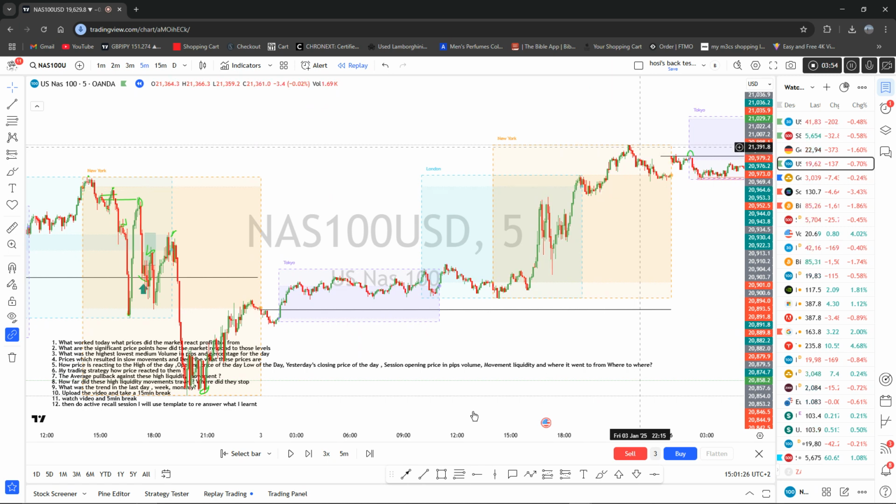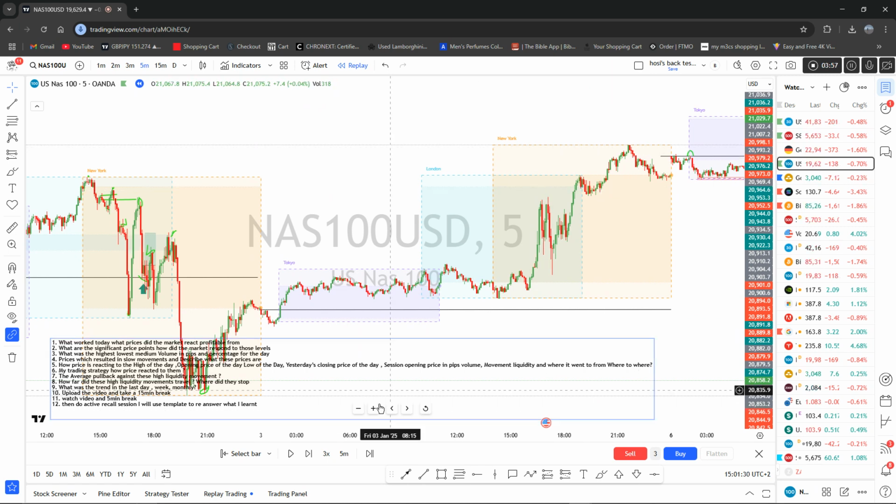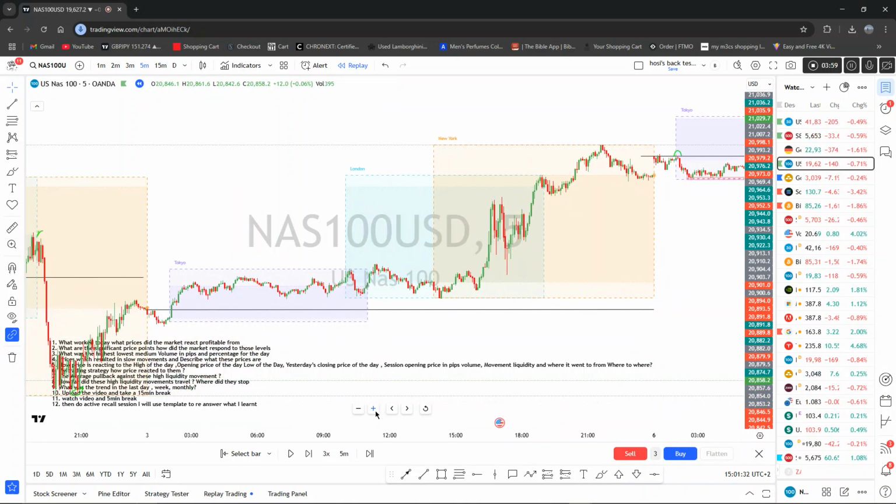So right, let's find out what these points are and how significant they are, and also let's find out how price traded to the significant prices of the day. So right here, where did price open?